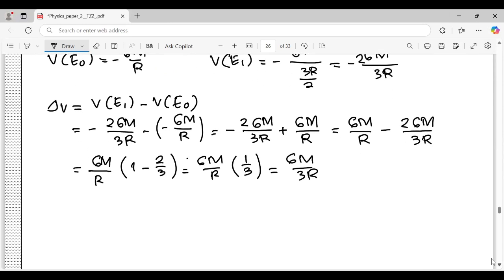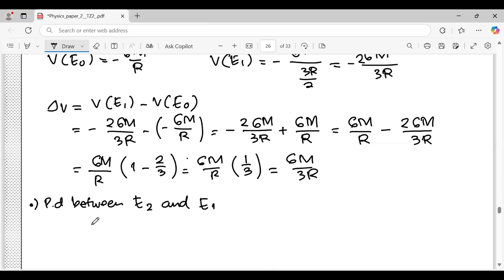Now we're going to determine the potential difference between E2 and E1. Wait, I have electricity for my laptop. Right. Potential difference between E2 and E1.